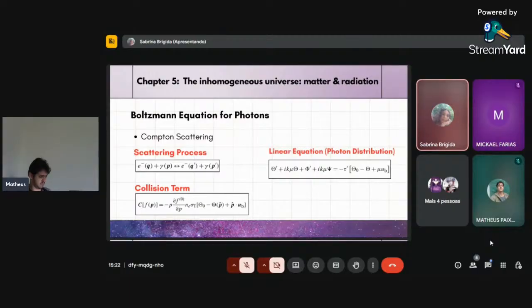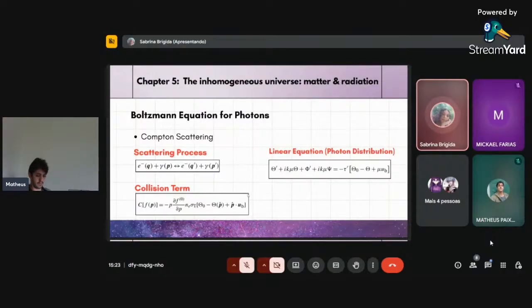And in this case, the Compton scattering will produce a photon distribution that has only a non-vanishing monopole and dipole in this case. So there's a difference between the perturbation in radiation and in matter, for example.